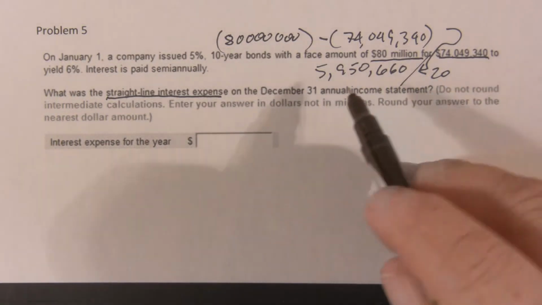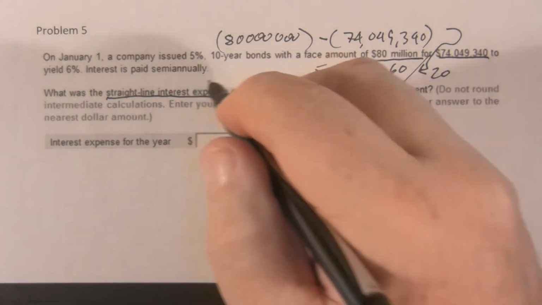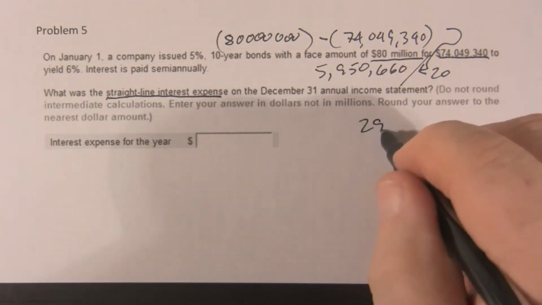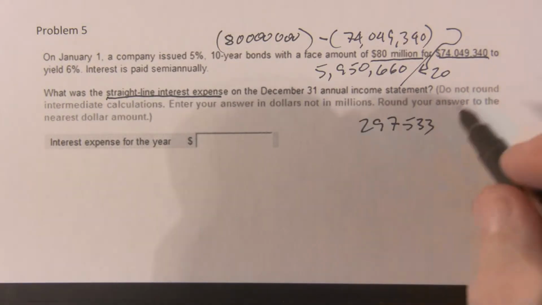When you take $5,950,000 and divide by 20, you come up with $297,533.